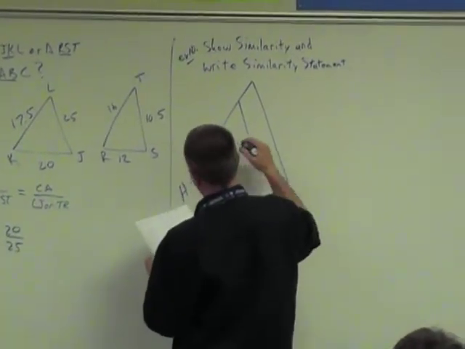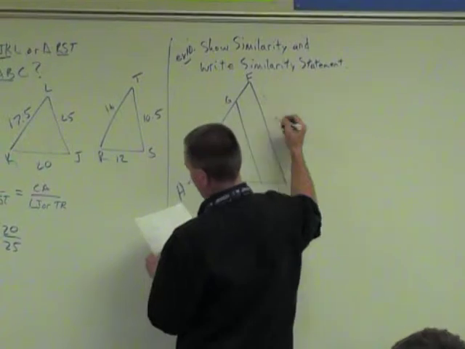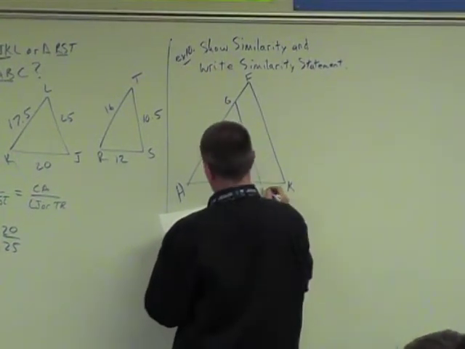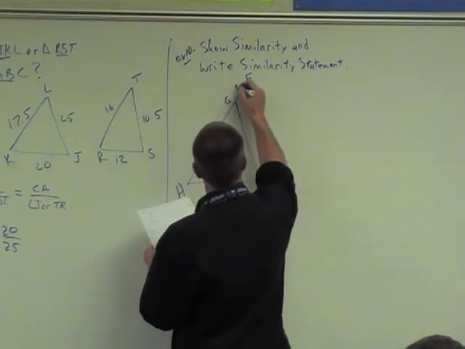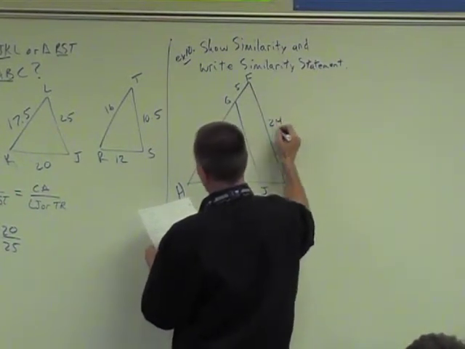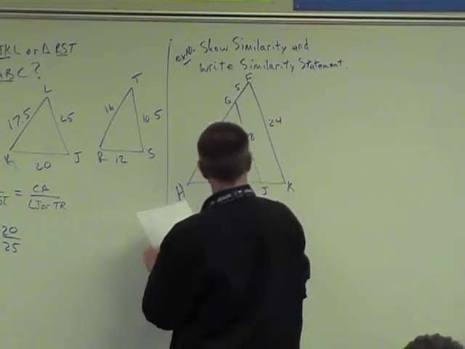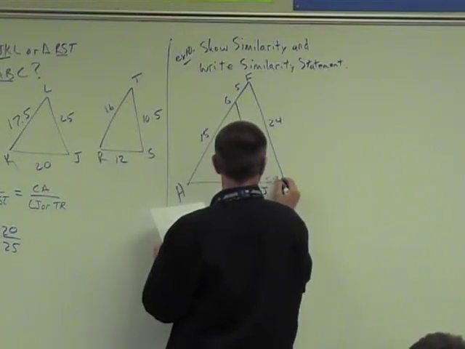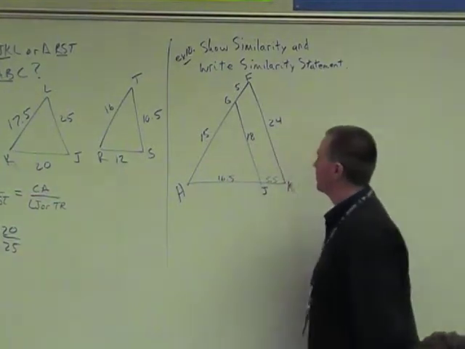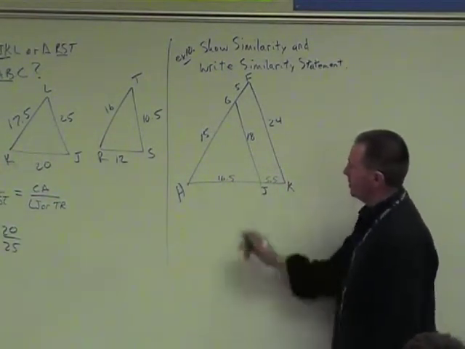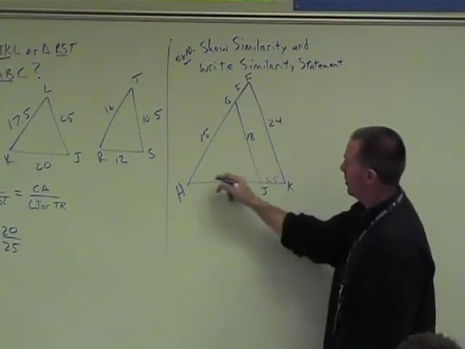This is H, that's G, F, K, and J. Here are your numbers: 15, 5, 24, 18. This is 5.5, and this is 16.5. Alright, so you got two triangles there. You got this big triangle and then this little smaller one there.